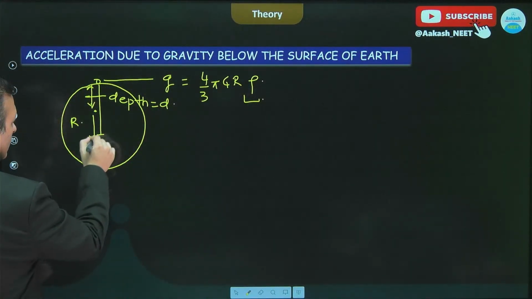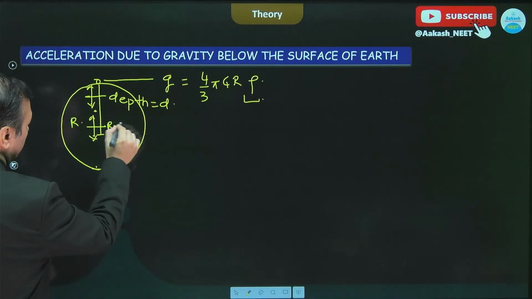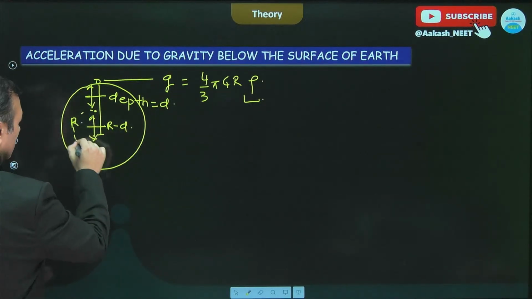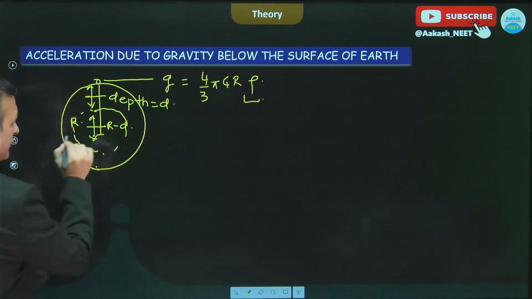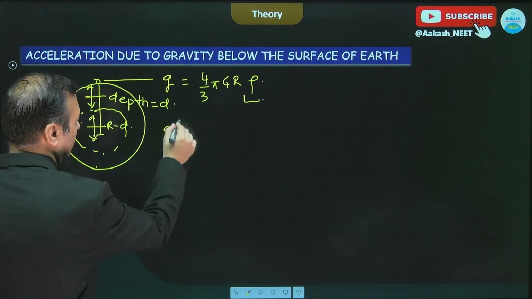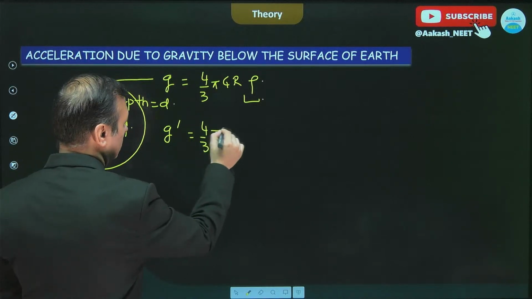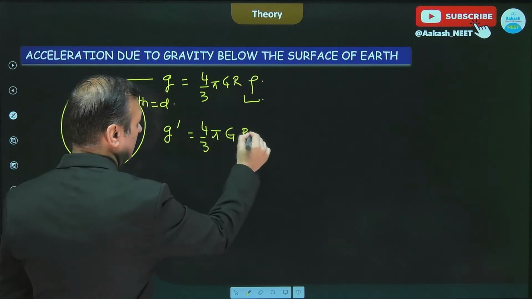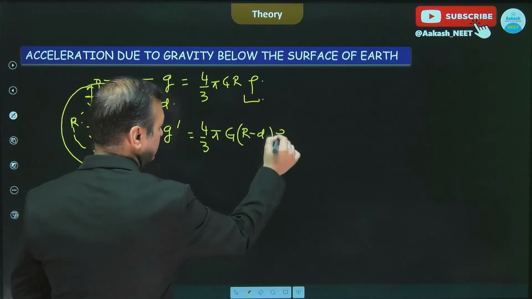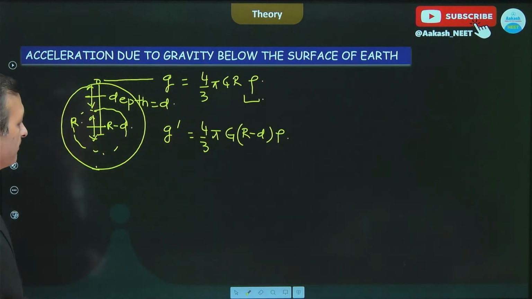So here your radius would be what you are left with, R minus d. And when you find your g dash, that means 4 by 3 pi G times R minus d times rho, and density is still assumed to be the same.